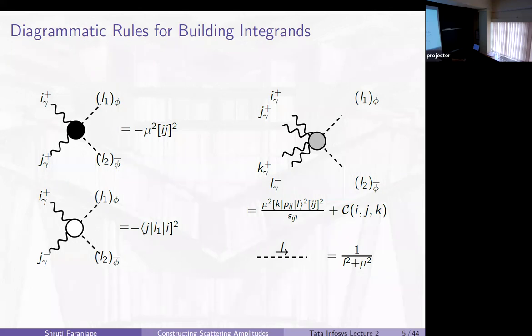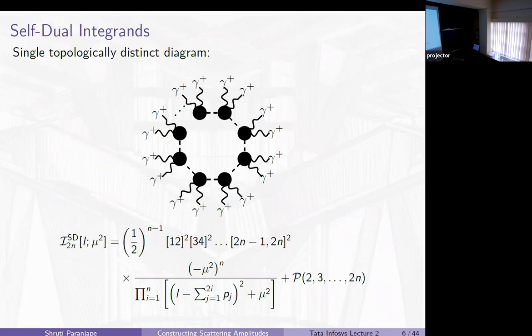So I'll remind you that we were interested in constructing the all plus photon amplitude and the all but 1 plus photon amplitude. Okay. And to do that, we needed to look at cuts like this, right? So this is a representation of the integrand, where now I've broken it up into lots of internal scalar loop amplitudes, right?